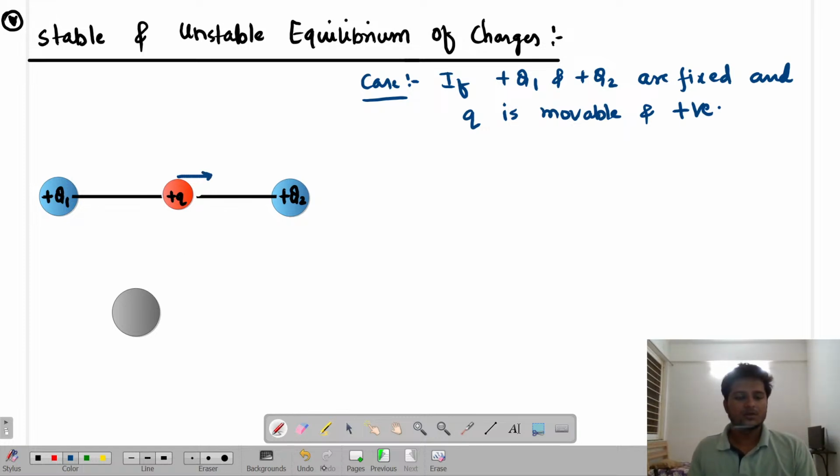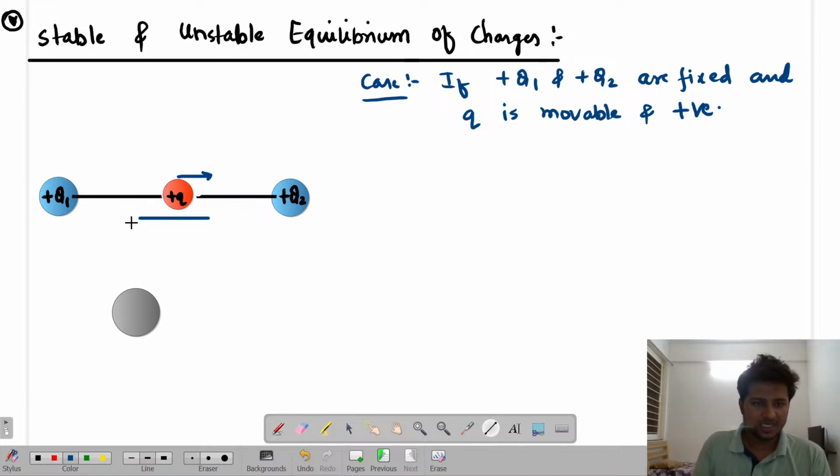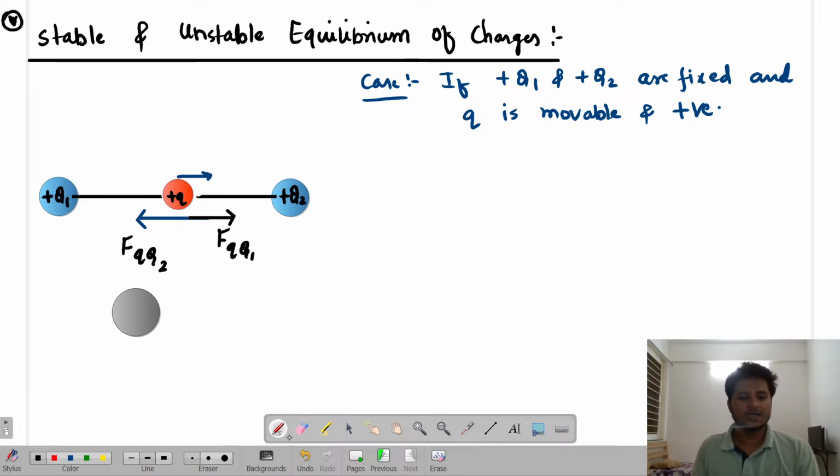By some distance towards the right, what will happen? This charge plus q will experience some extra repulsion from this plus q2, and the repulsion from plus q1 would have decreased, isn't it? So this is the force on q by q1. This is the force on q by q2. You will see that the force from q2 has suddenly been raised, isn't it?